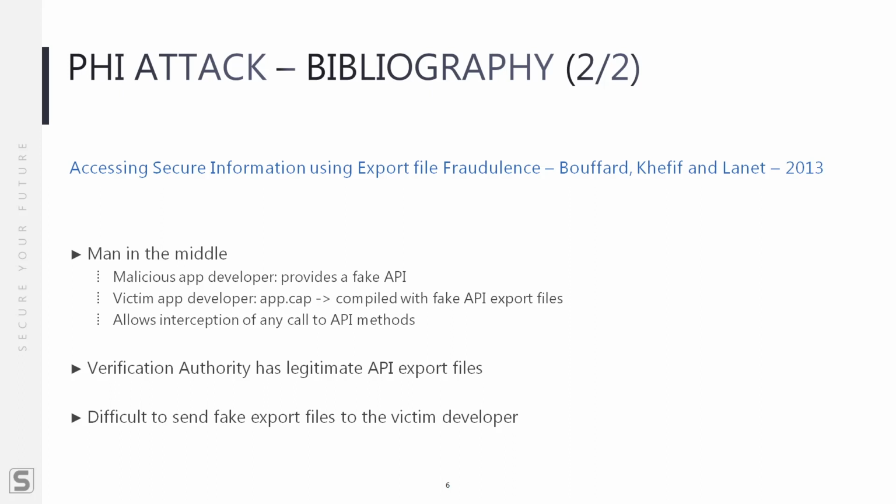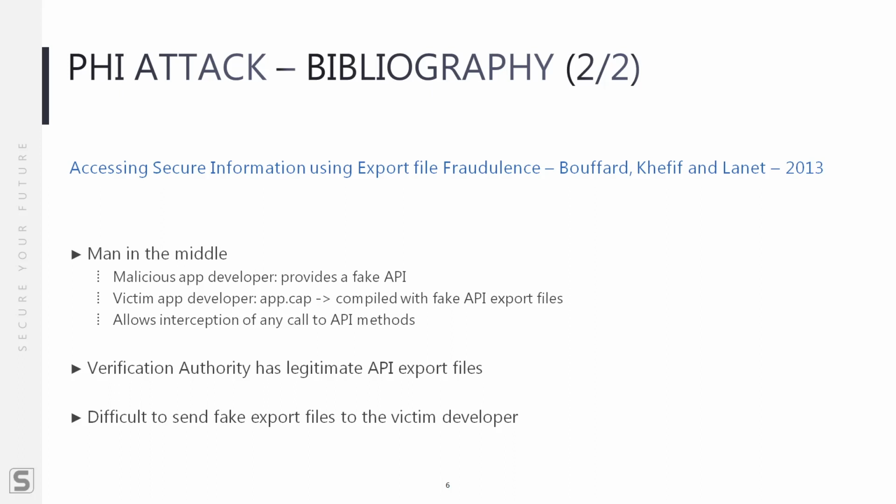This leads to perform a man-in-the-middle attack, allowing to catch any call to methods of the JavaCard API. This allows, for instance, to retrieve the value of the cryptographic keys used by the victim.